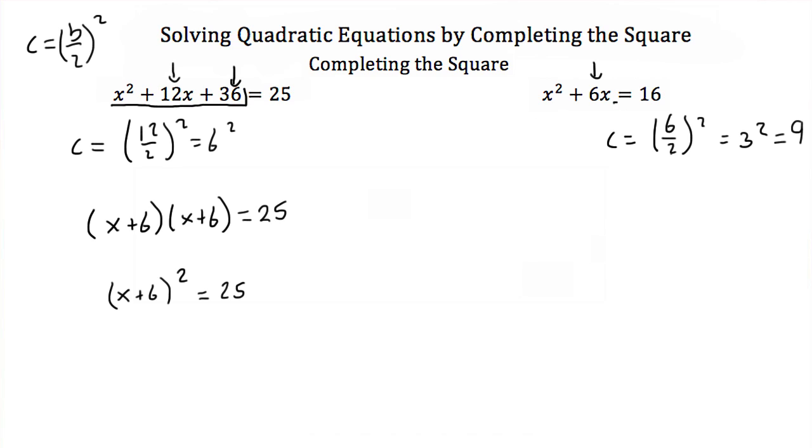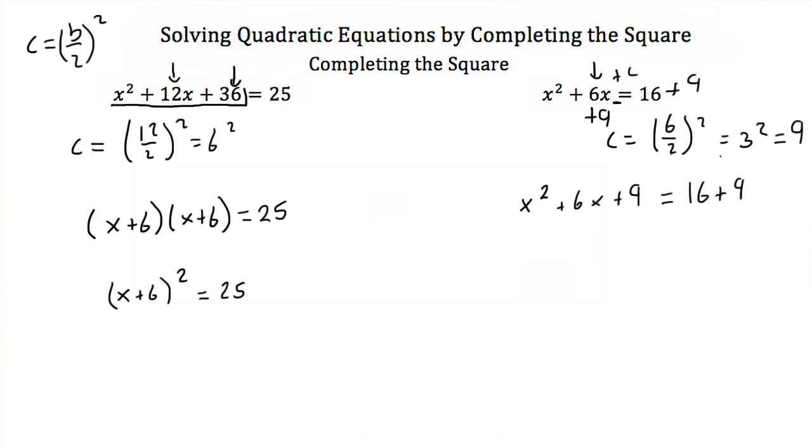If I had a constant term on the end here, plus c, that would make this left-hand side a perfect square trinomial. So what I'm going to do is I'm going to add 9 to the left-hand side. If I add 9 to the left-hand side, though, I have to add 9 to the right-hand side, because otherwise I would change the value of this expression. But if I do this, I'll have x squared plus 6x plus 9 is equal to 16 plus 9.